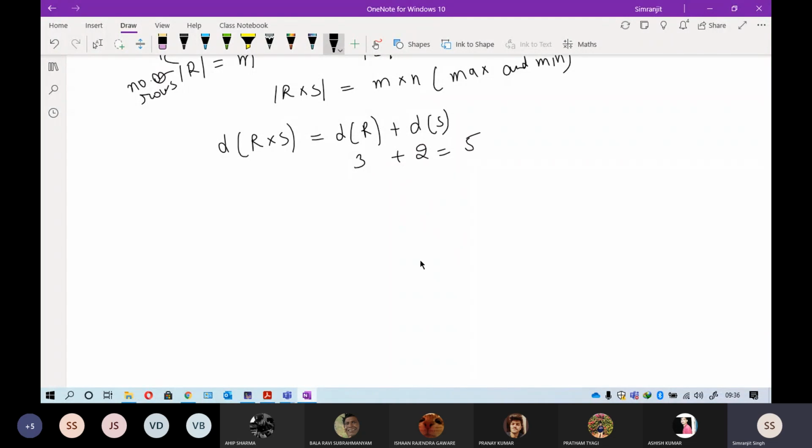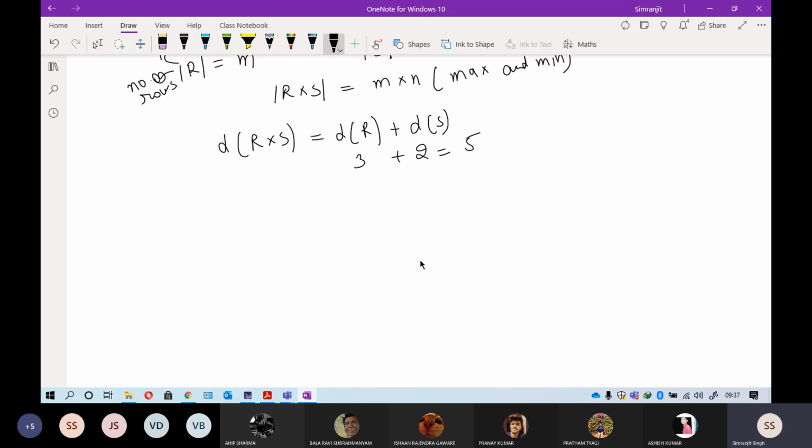Keep that in mind. I'm summarizing everything about the cross product. Degree and cardinality are different things. Cardinality is the number of total tuples or rows present in a table, and degree is the number of columns.